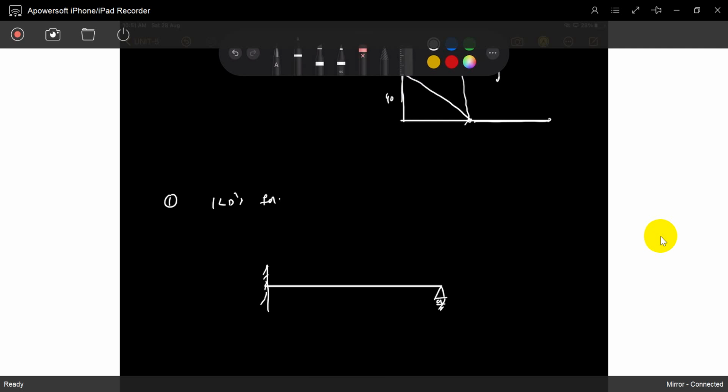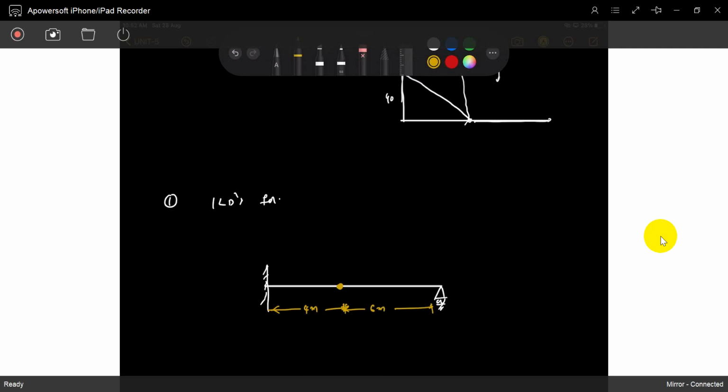So I won't give indeterminate structures as your assignment, but I will provide one hinge here, and I don't need to give any EI. I will directly give this is 4 meters, this is 6 meters.